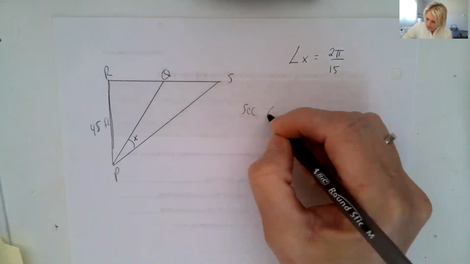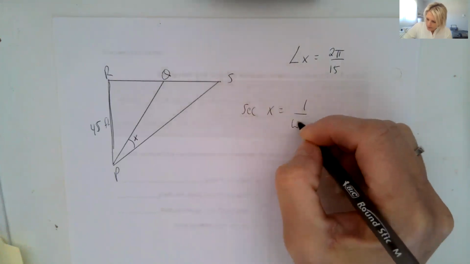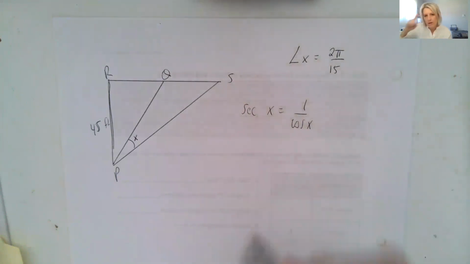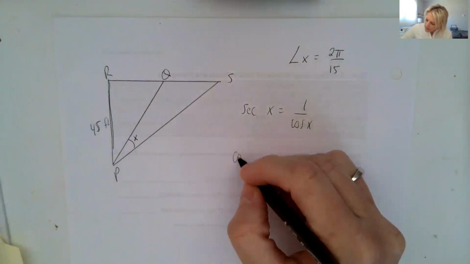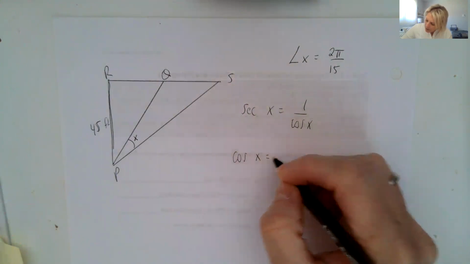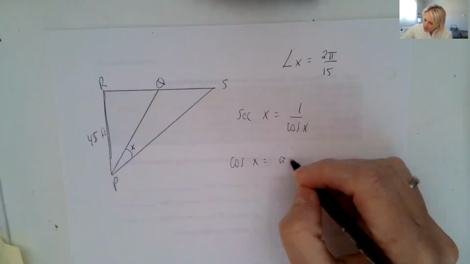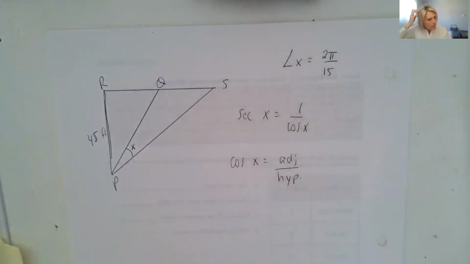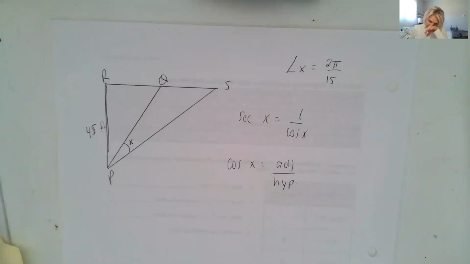We want it in the form of secant. We know that secant of X is the same as 1 over cosine of X. And we also know that cosine of X is always the adjacent side over the hypotenuse.